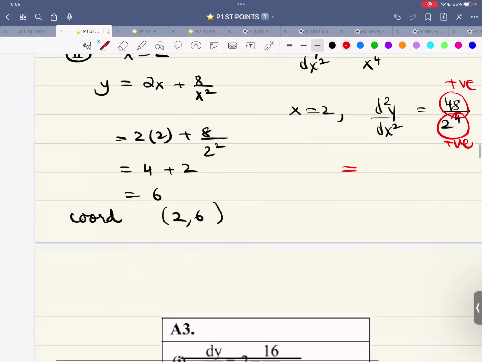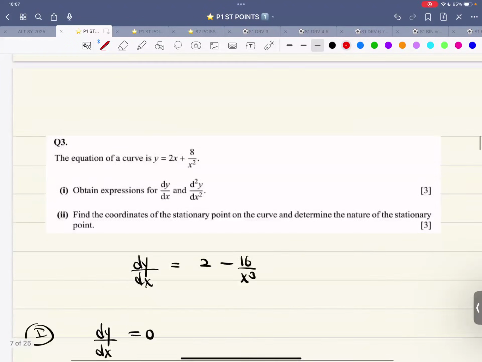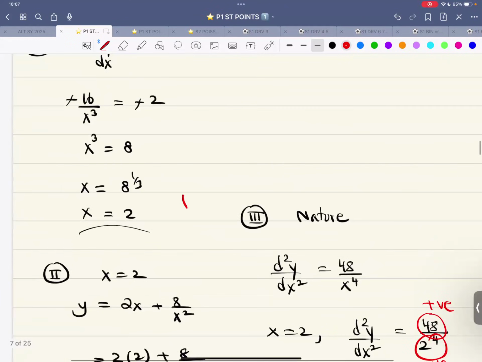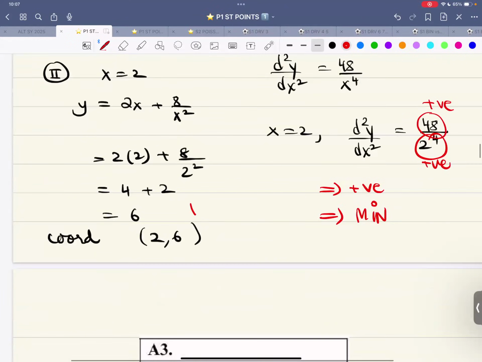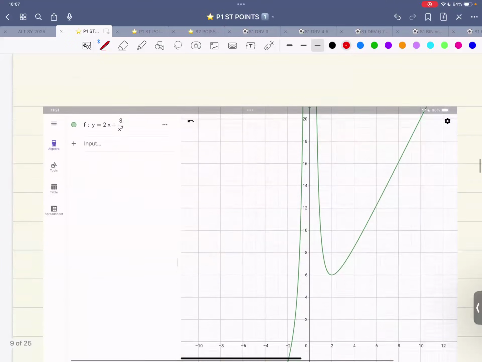The overall sign is positive. Therefore, this is a minimum. So now let's check the answer. x is 2, y is 6. It's a minimum because the second derivative is positive. How many marks for this? 3 marks. So basically 1 mark for each step, 1 mark for the x coordinate, 1 mark for the y coordinate, 1 mark for the nature, and then you get 3 marks out of this. So I hope this is all clear.